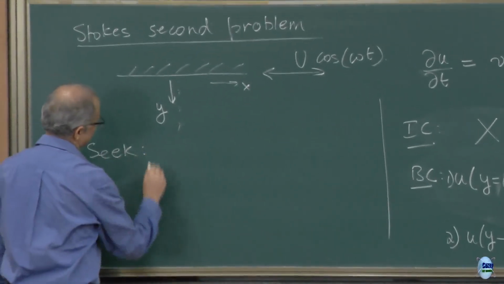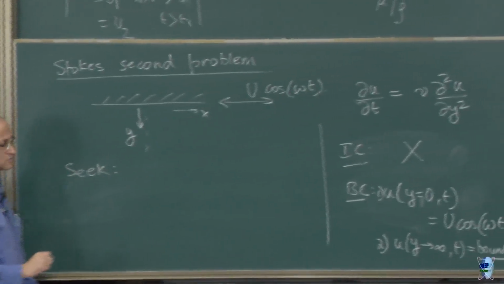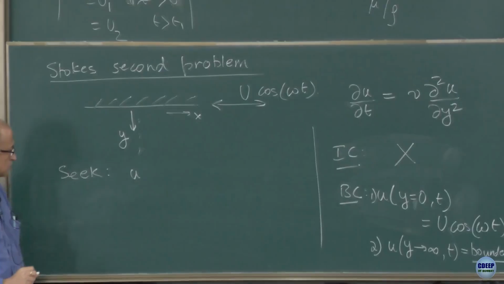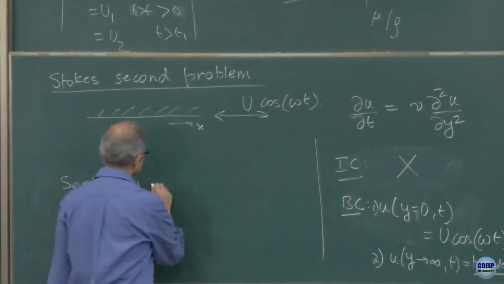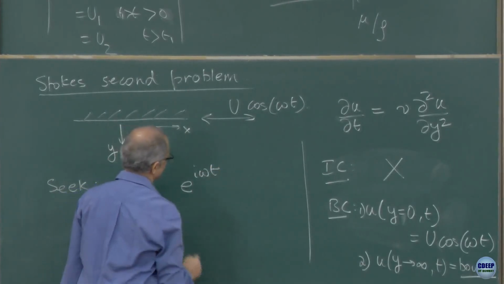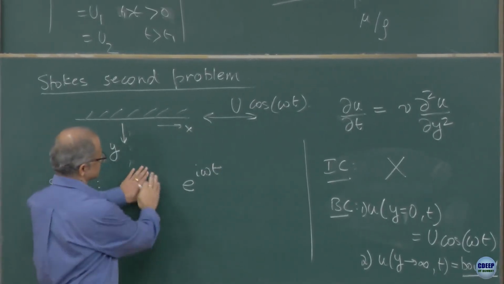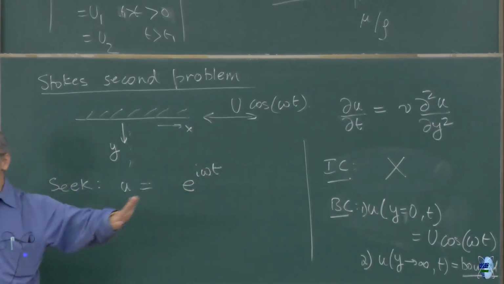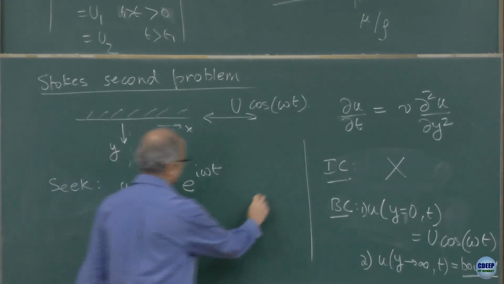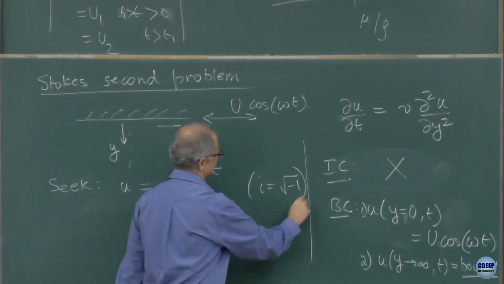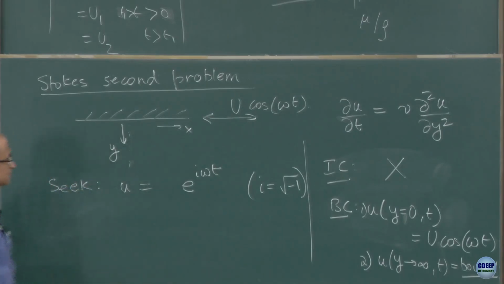So instead of trying to solve it directly, we are going to take a shortcut, and seek a solution of the form exponential of i omega t. What is exponential of i omega t? i is the imaginary number, the square root of minus 1, iota as it is sometimes called.